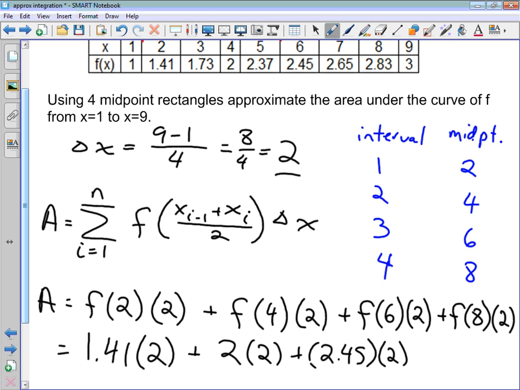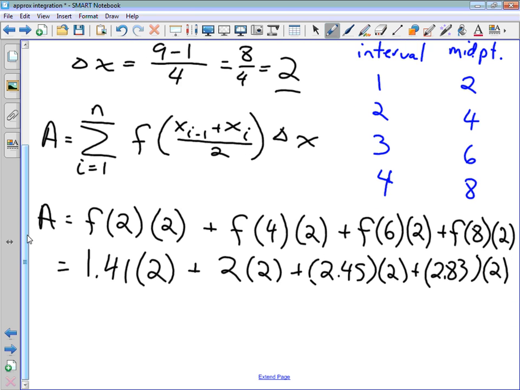F at 8 is 2.83, and times 2. And now we just punch all this stuff into our calculator, and we should work out to 17.38. So that's our estimate for the area under the curve.